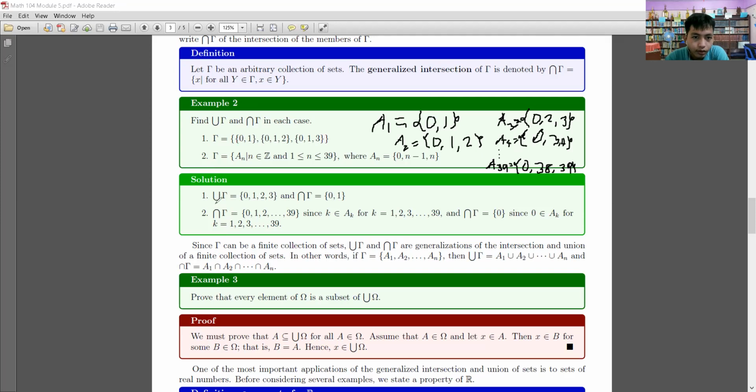So generalized union is from 0 to 39. Okay? And yung generalized intersection natin is {0}. Set containing 0. Kasi, si 0 lang yung common dun sa lahat ng sets natin. Okay?